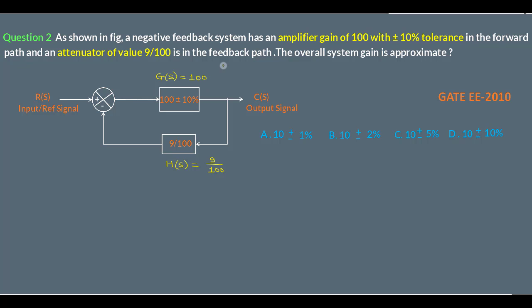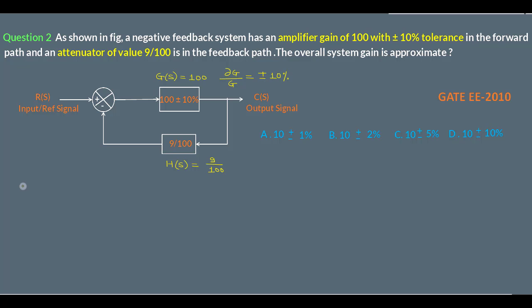Now in the question, it says the feedback system has an amplifier gain of 100 with plus minus 10% tolerance. So this plus minus 10% tolerance is nothing but the variation or change in the forward path gain. So I can write ∂G by G is nothing but plus minus 10%.